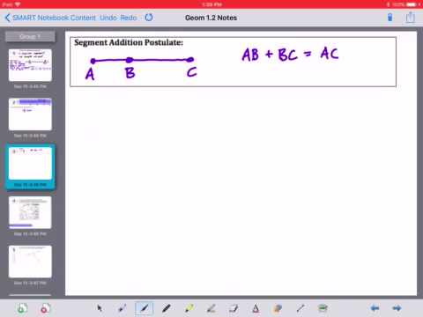That makes sense. Say AB was 1 centimeter and BC was 2 centimeters. Then you would know that AC, the whole thing, is 3 centimeters. So it's pretty obvious.